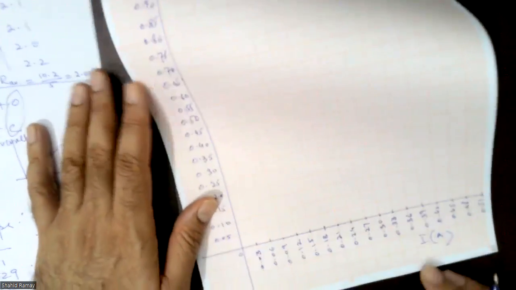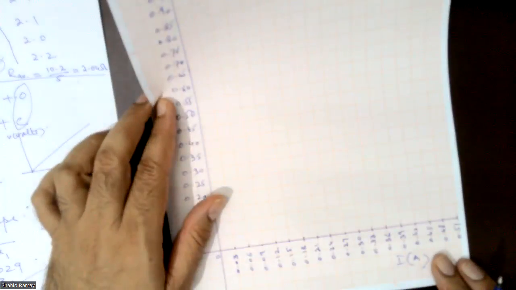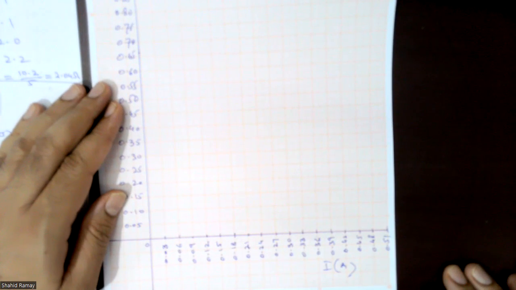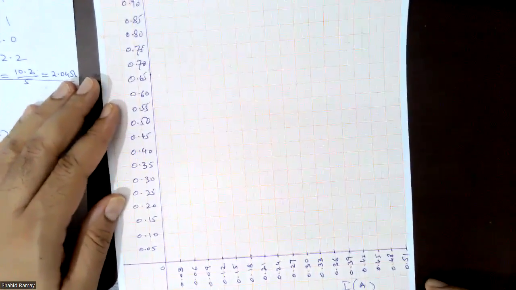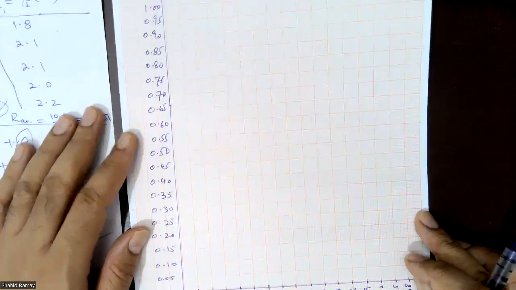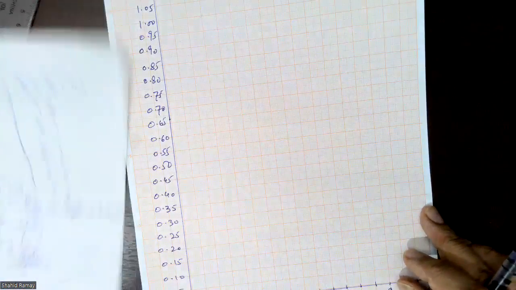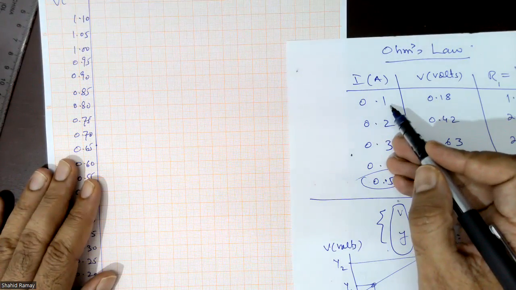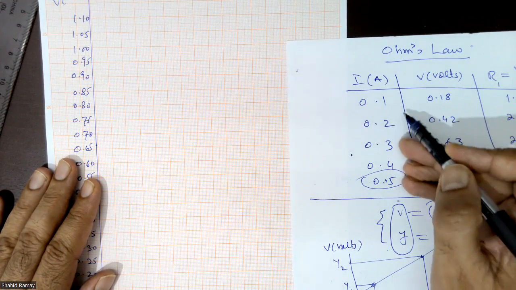So now the scale is adjusted. After adjusting the scale, what will you do? You will draw the points. Here you can see in the data 0.1 and 0.18.